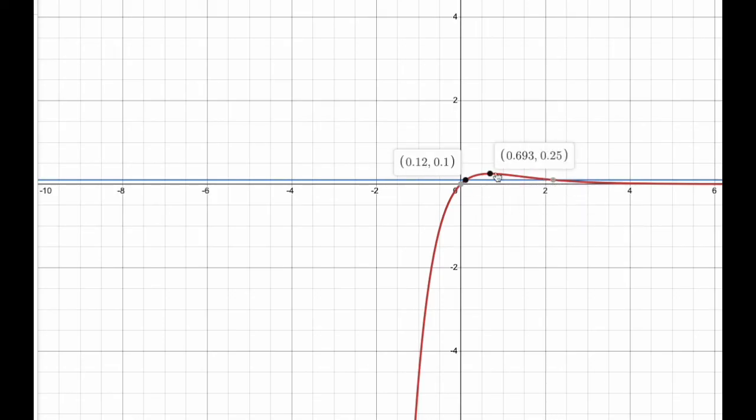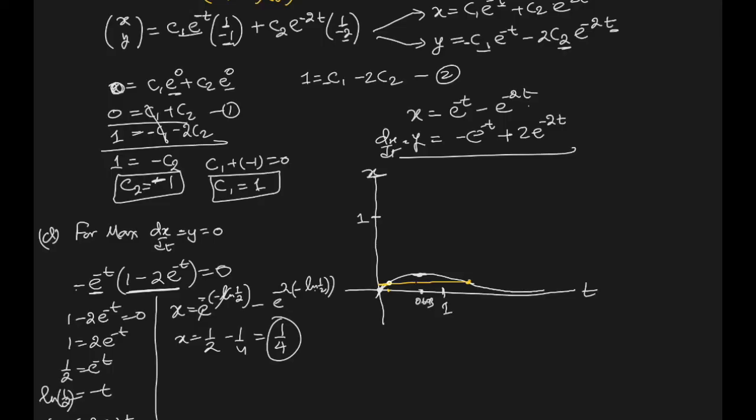We have the maximum confirmed at 0.693, where x was 0.25. Fishing should be stopped from here till here, where this is 0.12 and this is 2.18.